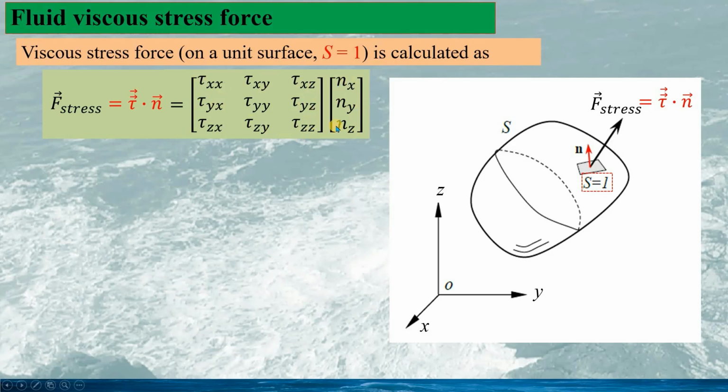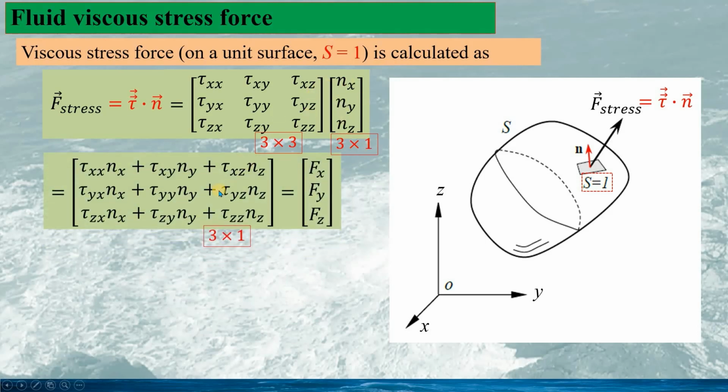The tensor has dimension 3 times 3, 3 rows, 3 columns. And the normal vector has 3 rows, 1 column. Multiplying these together, we have a new vector, and the dimension would be 3 times 1.